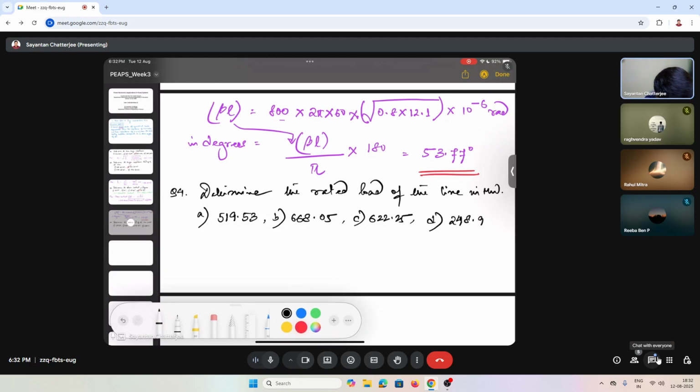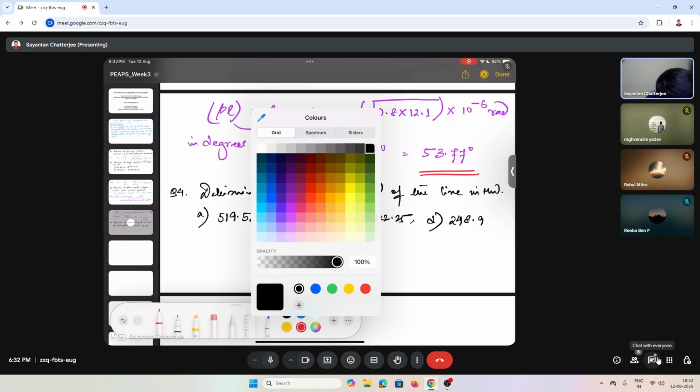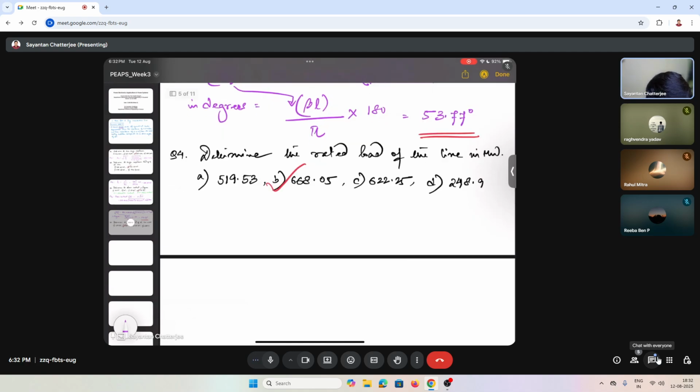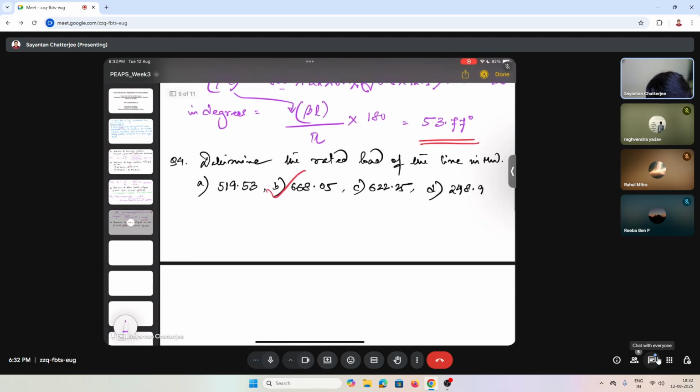Yes, B is the correct answer. So the rated load of the line is to be calculated as follows.